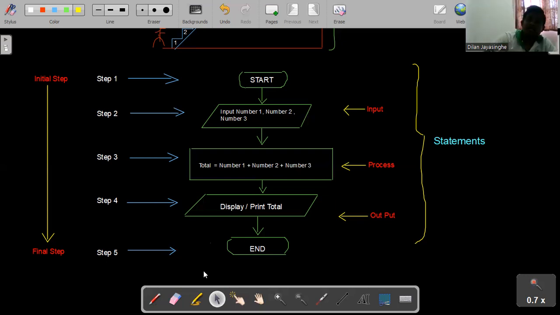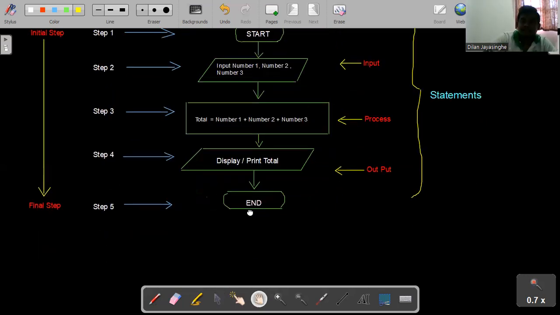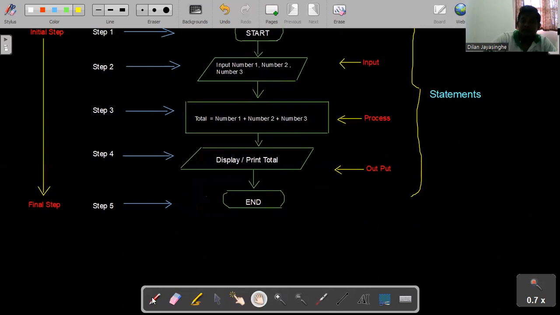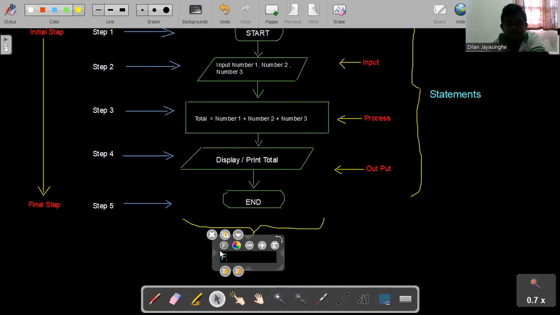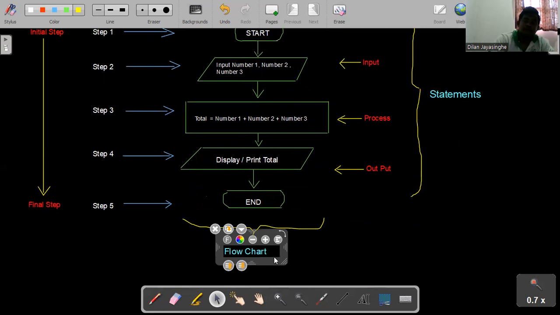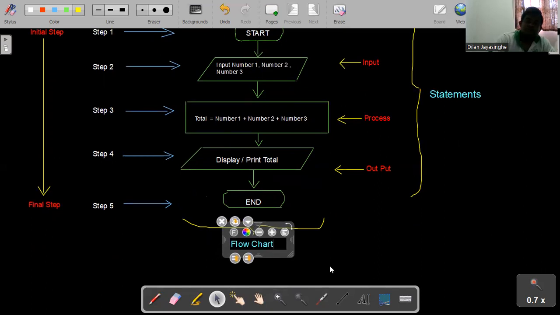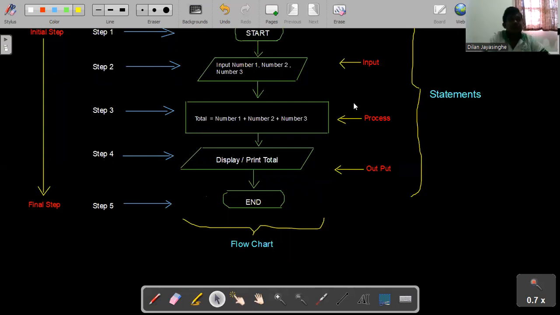Then, we are calling this particular method a flowchart. Flowchart, right? This is flowchart. Next topic, write down by textual method.